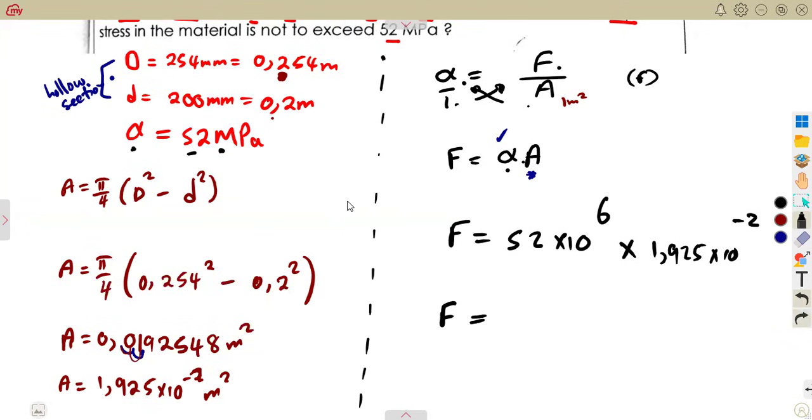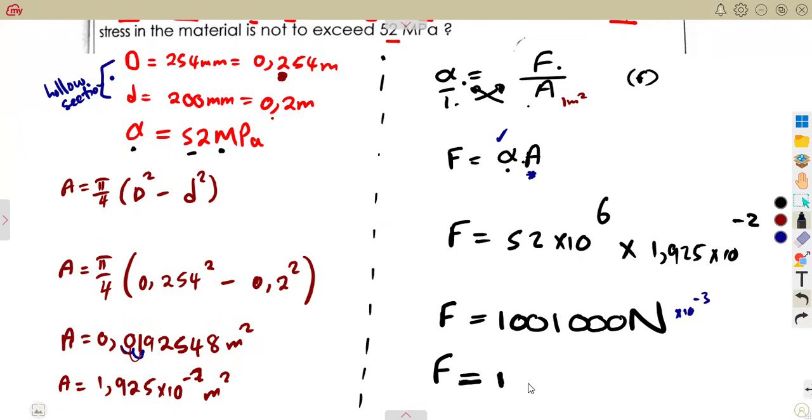According to this one, it was going to give us about 1,001,000 Newton, which you can even write in kilonewtons, guys. Force is normally in kilonewton, so you can just get rid of the 3 zeros. Divide by 1,000, or multiply by 10 to the exponent of minus 3, and you're converting to kilonewton.